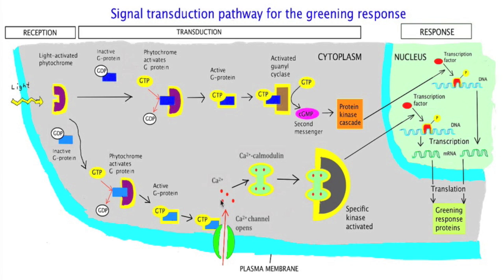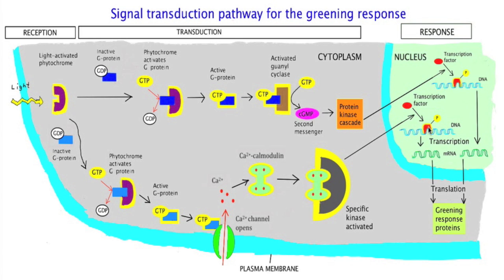These calcium ion molecules are going to attach themselves to the calmodulin molecule, and then that calmodulin molecule will attach itself to the kinase protein, activating it. When the protein kinase is activated, it's going to enter the nucleus and give a phosphate over to the transcription factor.